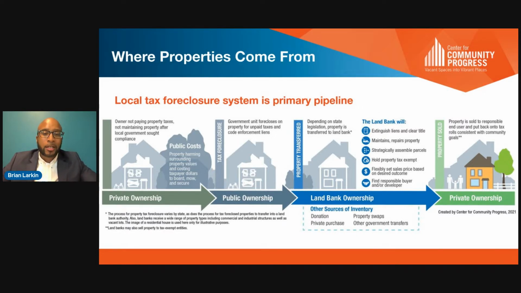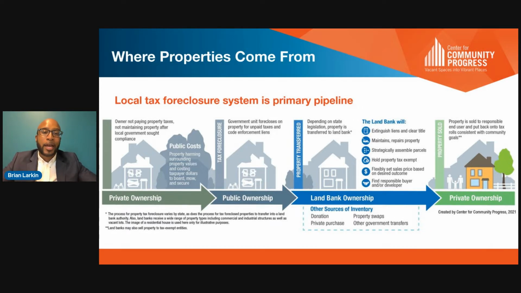So when we look at the different ways in which this process works, it starts with private ownership, and we've talked about this before. When individuals decide that they can no longer extract the value that makes sense for them to be a private owner, as we heard from Alan Malik in the opening section, the property enters the tax foreclosure system, and that's when you're looking at public ownership. The purpose of land banks is to intervene.